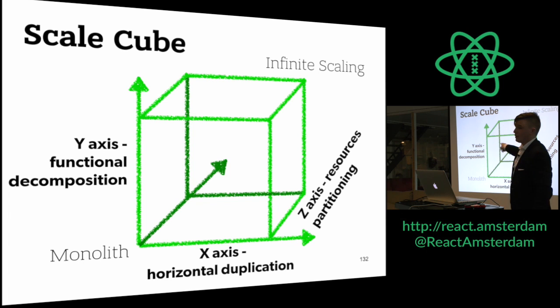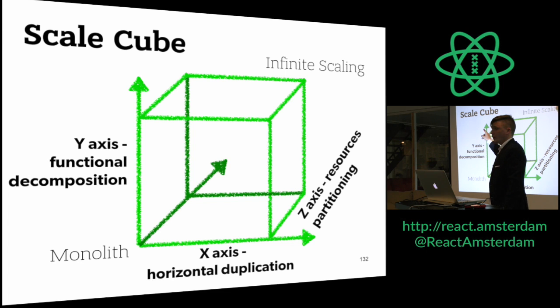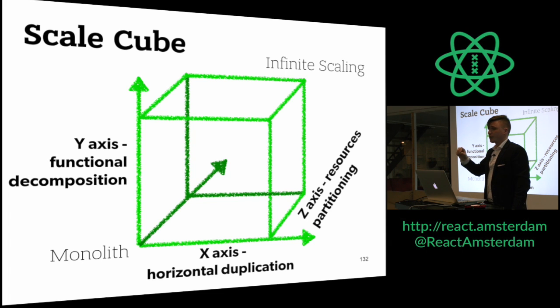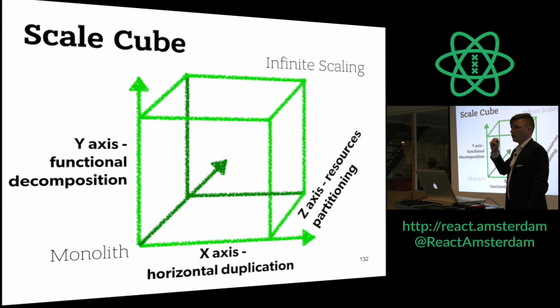Does anybody know the Scale Cube? No? Okay, I will explain. It's from the book The Art of Scalability, about microservices architecture. It's how we can scale our microservices architecture, in 3 dimensions.